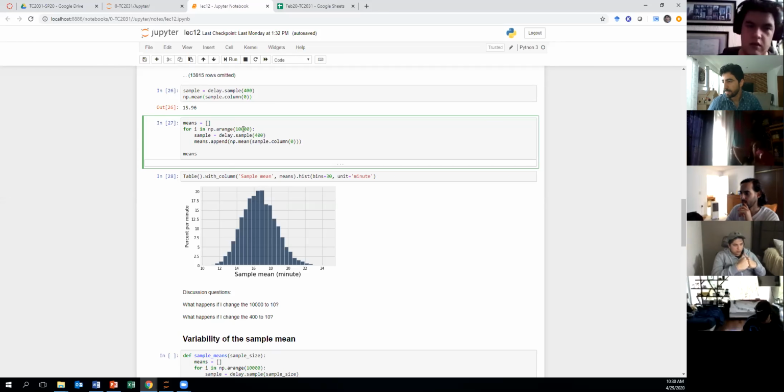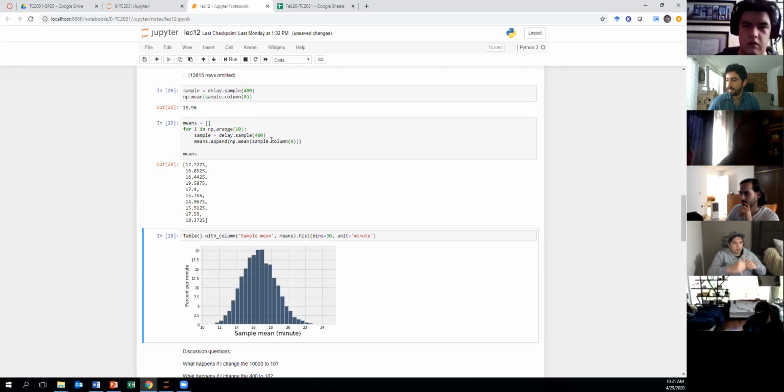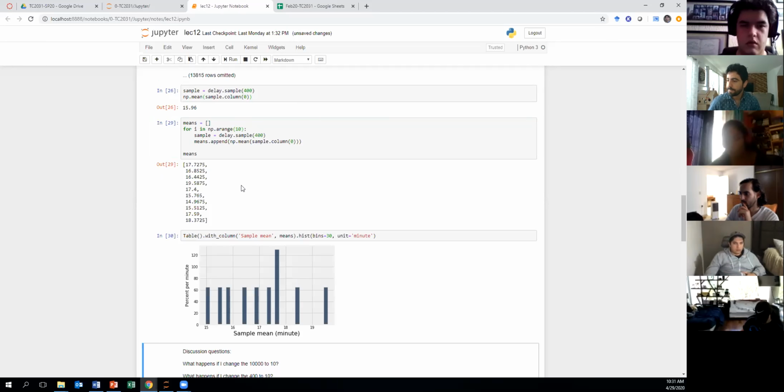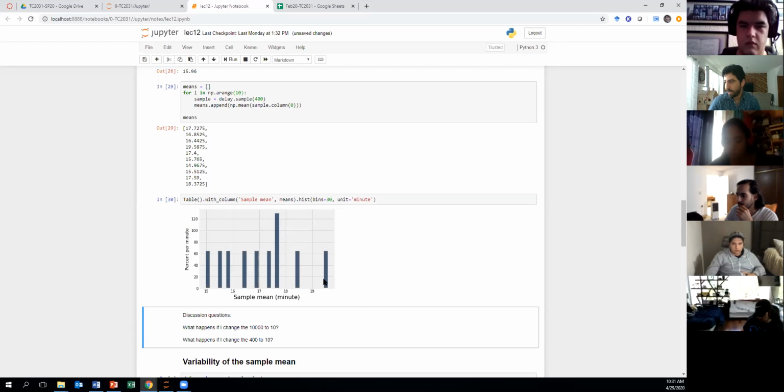True. If I change this, basically, if I take these 400 samples and I do that 10 times, let's see what happens. And then I histogram that, I'm going to end up with this. So each one is clearly showing what's happening there. I'm taking 400 samples in this particular one.